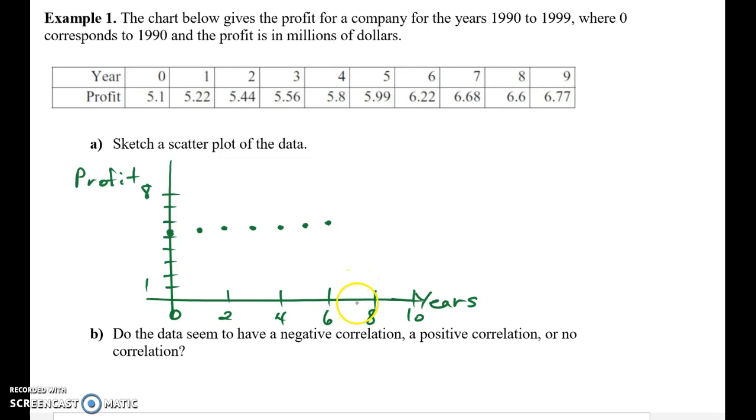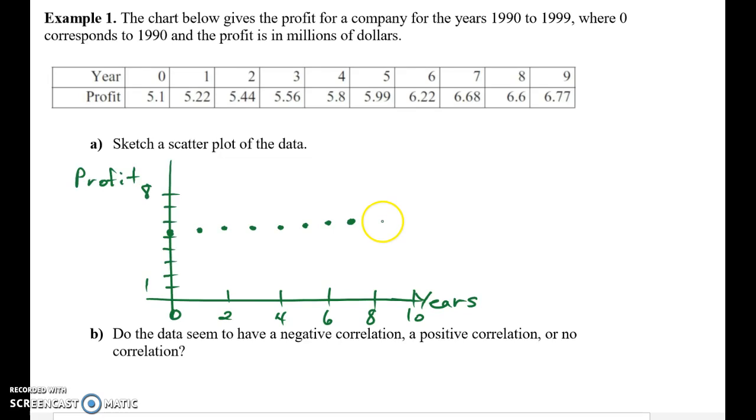As we continue, we can kind of see the trend. I would hope that, although maybe we can't necessarily connect all the points with one distinct line, we can see the trend that they do appear to be increasing from left to right. As x increases, y appears to be increasing.